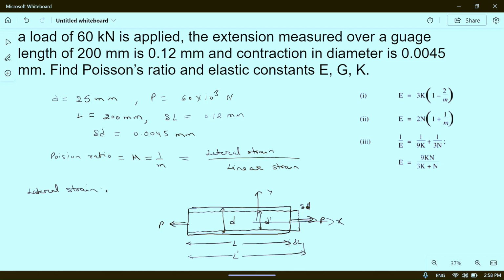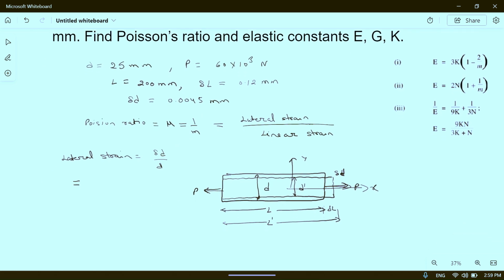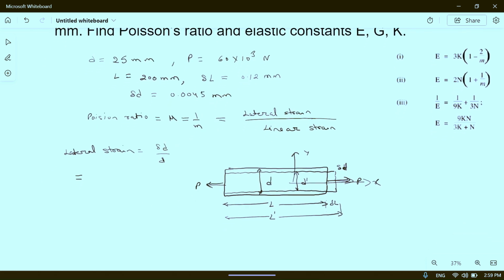So lateral strain is delta D by D, change in diameter divided by initial diameter, which is equal to 0.0045 mm divided by the initial diameter of 25 mm. If we divide it, we get 0.00018. This is lateral strain.